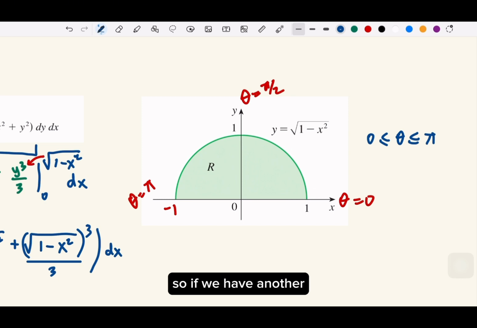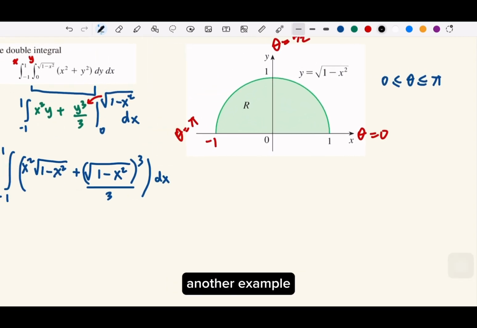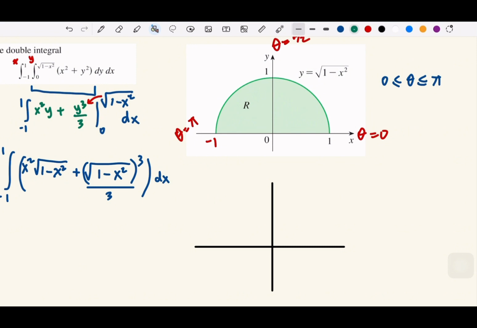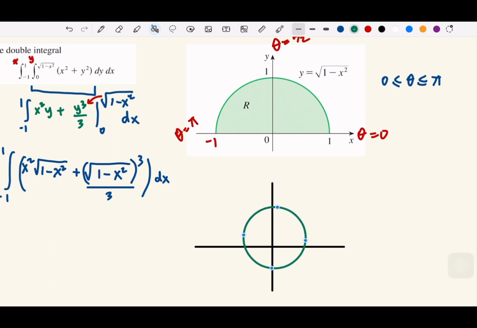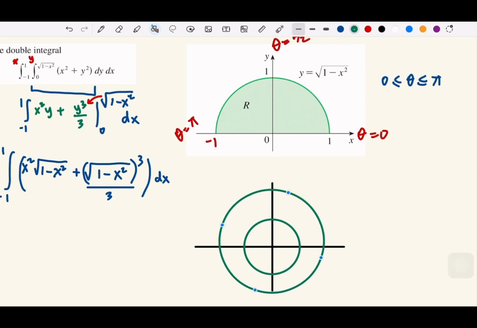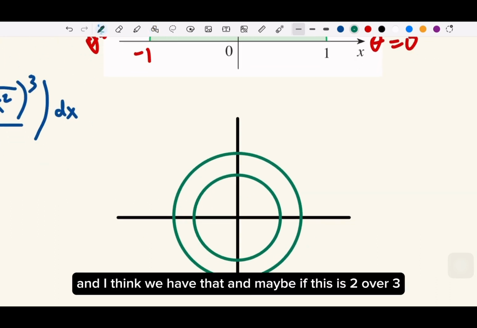So if we have another example here, let's say that is our circle. Maybe make it smaller. Okay, let's say we have that.